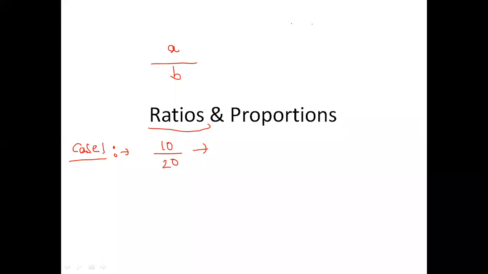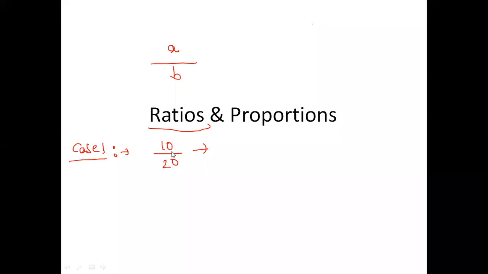Tirumala Prasad, Nikhil, Rishikesh, Vinay, Lokesh, Rashekar, Surisha, and Rahul all say 1 by 2. Superb, guys. Thank you so much for the responses.